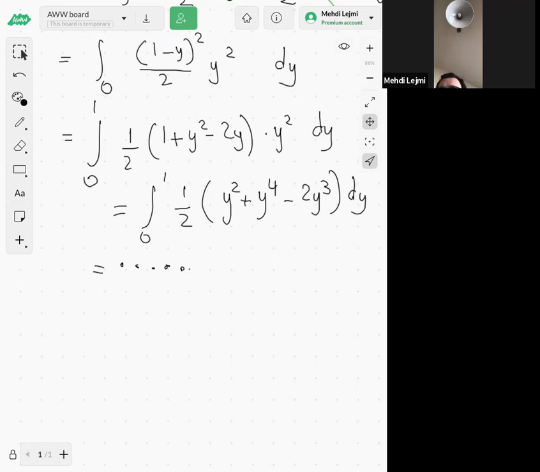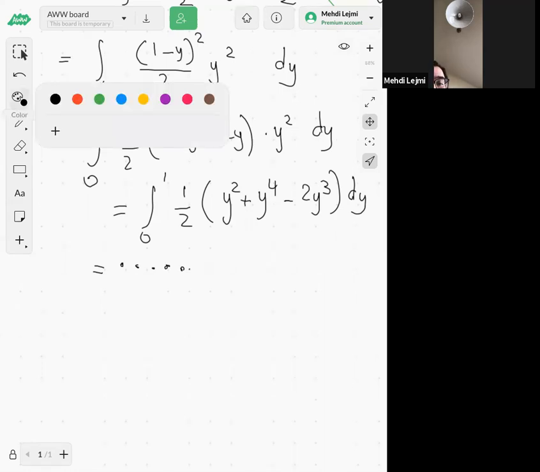I'm going to show you why this can be very, very useful sometimes. But before that, we have 10 minutes, so I'm going to give you an exercise to evaluate integrals using two different ways, similar to the example here. And then I'm going to explain why this is sometimes very useful.